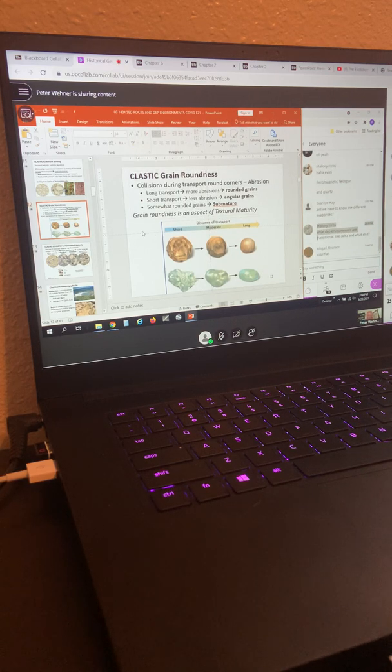Tidal flat, that's a good one. Beach. Yeah, those are the big three. There's a few others, lagoon, barrier island, but those are the big three: beach, lagoon, tidal flat, delta.